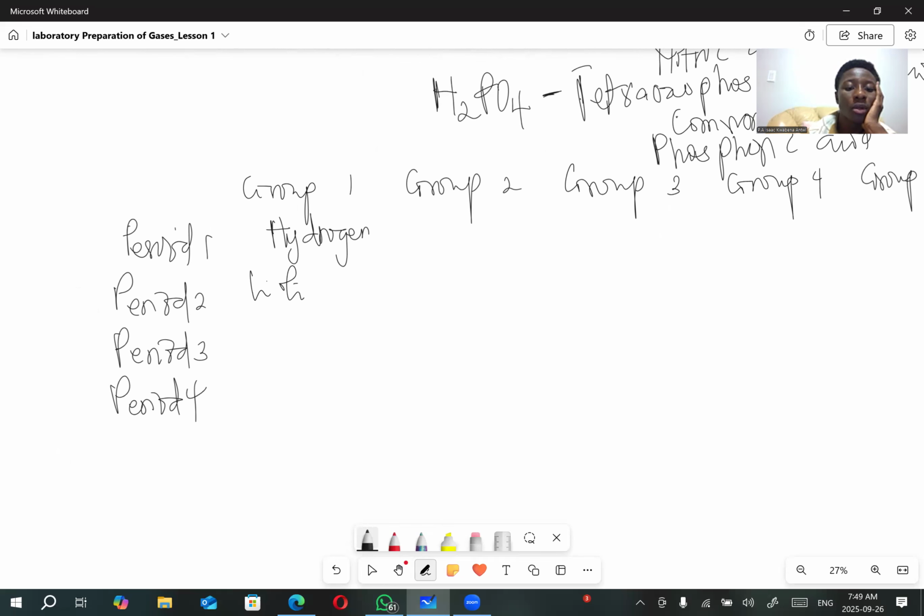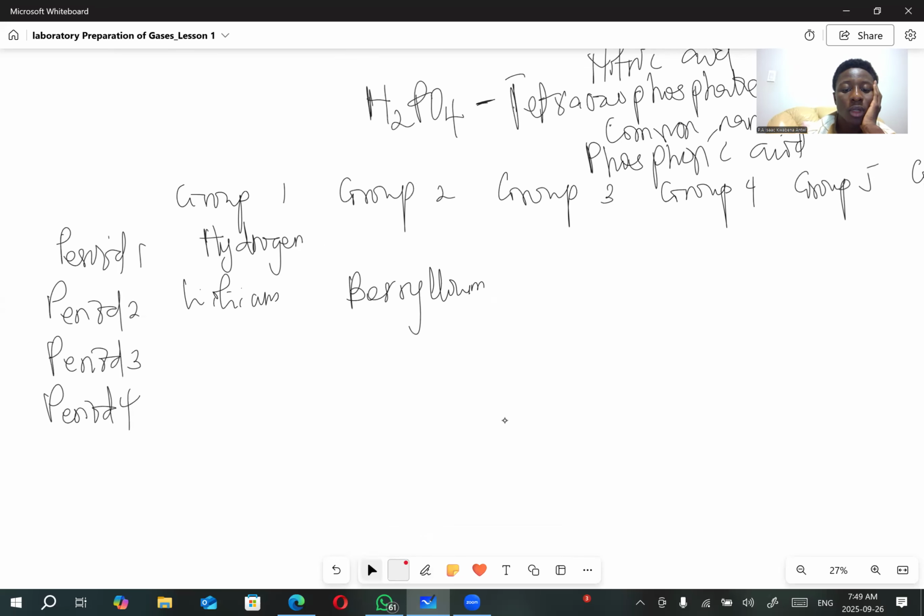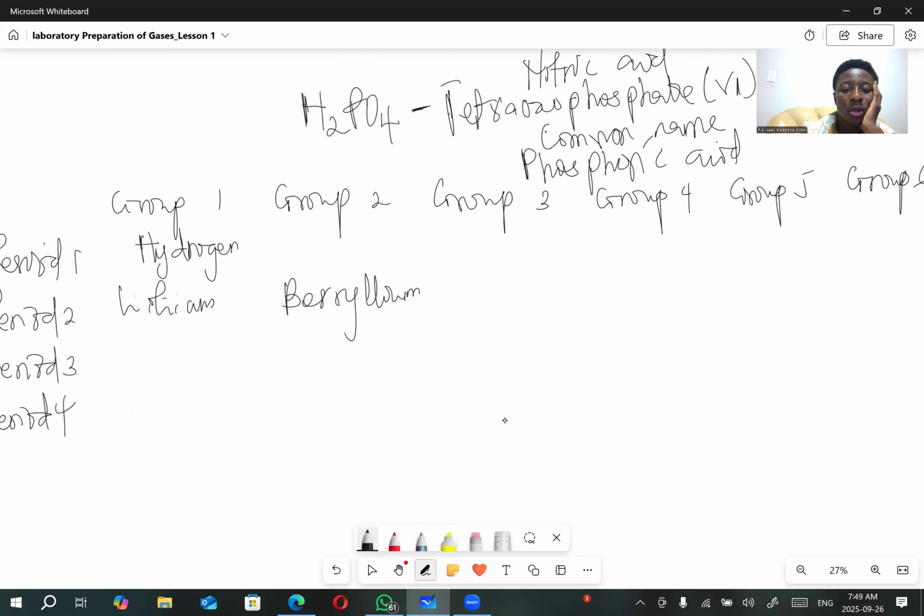Lithium. Don't you know the first 20 elements? Beryllium. I think beryllium is one arrow. When you check, whatever you see is right. Beryllium, boron.